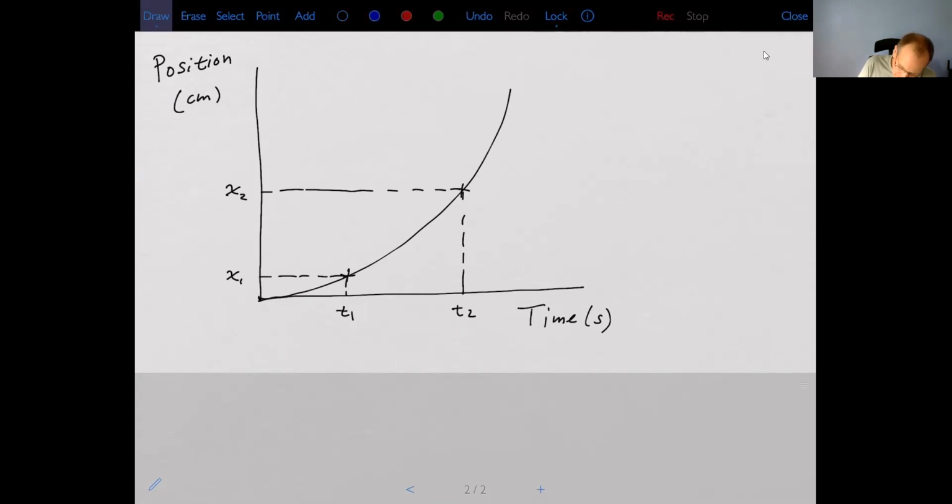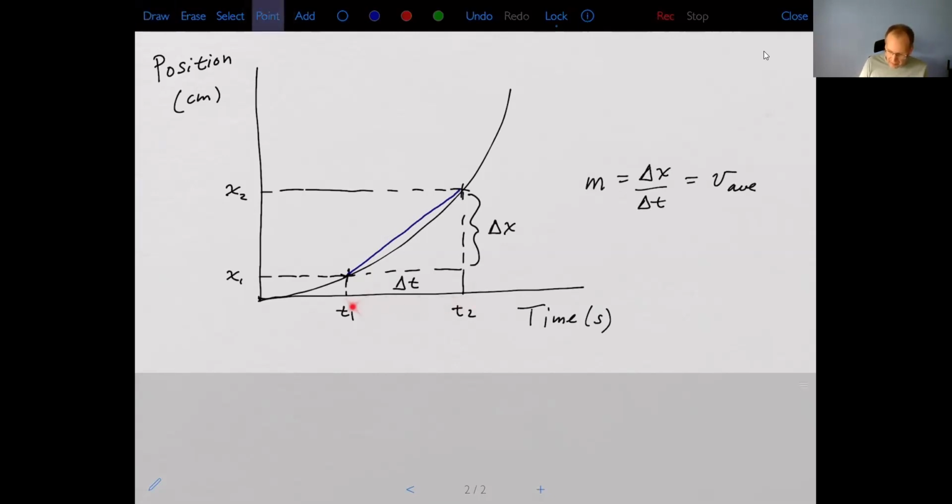So let's say this is the line that connects those two. Well, that would be the same as before, right? It'd be delta x over delta t, because this is my change in x, and this would be my change in t. So the slope of that secant line that connects those 2 points, that's going to equal the average velocity, but it's going to be the average velocity over that time interval.